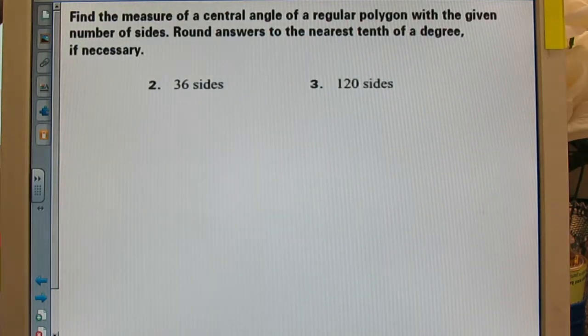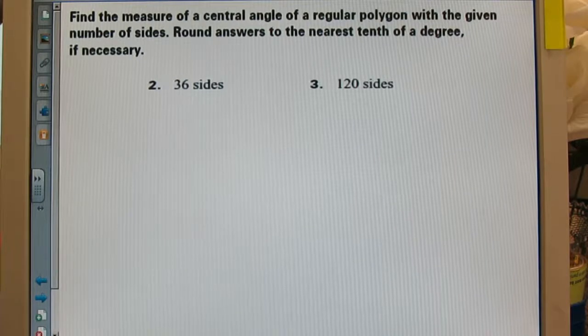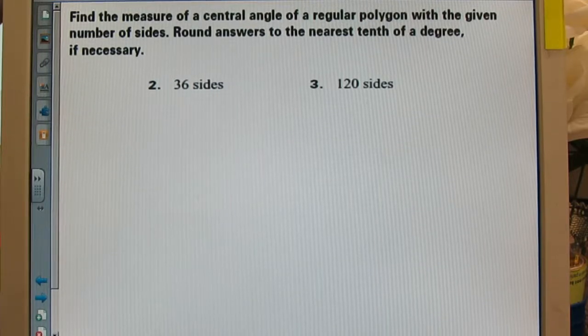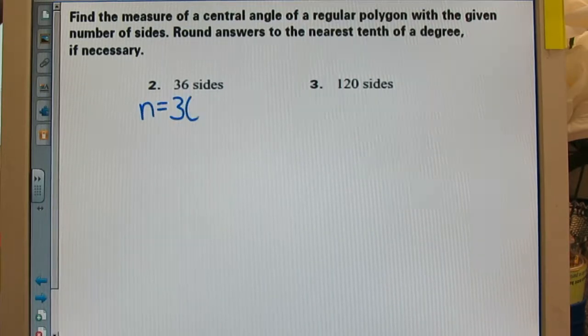So let's do 2 more practice problems to find the measure of the central angle given the number of sides. And notice that the instructions tell me to round answers to the nearest tenth of a degree if necessary. So in number 2, I'm told that this regular polygon has 36 sides. So I know that n equals 36.